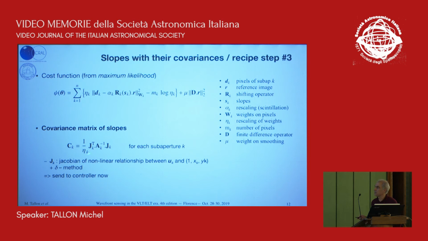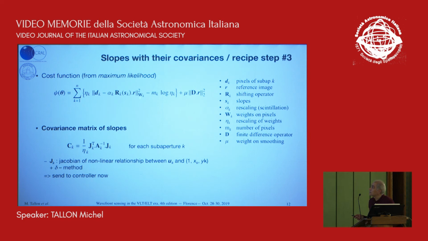And this is the covariance matrix. So 3 by 3, because we have the covariance between the scaling and x, and y, all the combinations. And we only keep the coefficients between x and y, xx and yy. Okay? So at this time, we can send all this information to the controller.